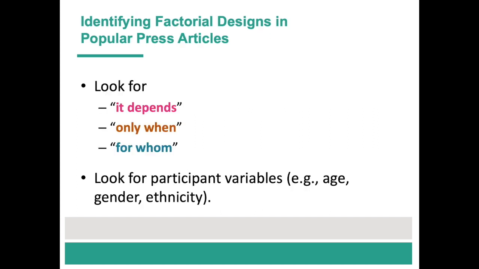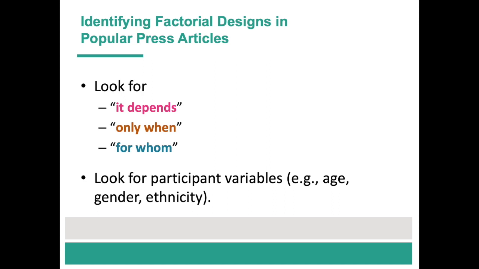In the popular press, you look for words like "it depends." So the effect of this variable depends on, or this effect only happens when, or the effect for whom it helps, or this treatment helps certain people. Those are clues to say there's probably interactions happening there.